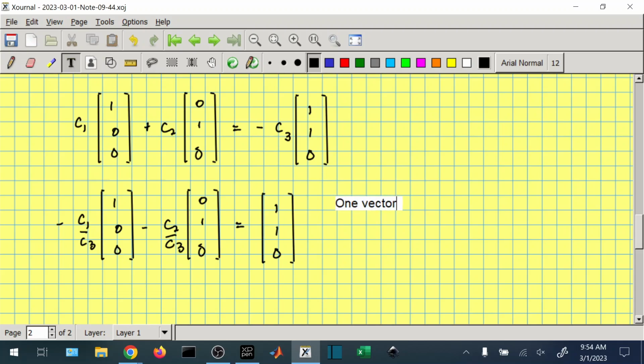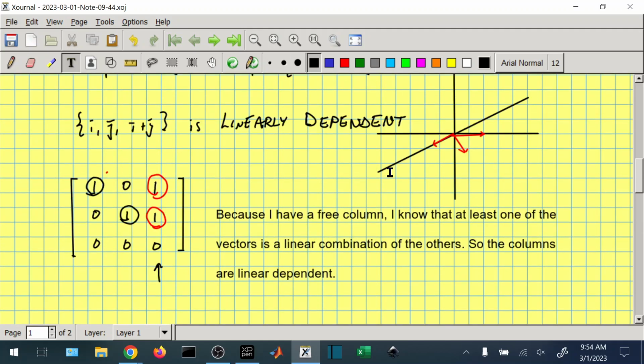One vector is a linear combination of the others. And the way that we recognize that is we form a matrix that has as its columns all of the vectors that we were asked to determine whether or not they were linearly independent or linearly dependent.